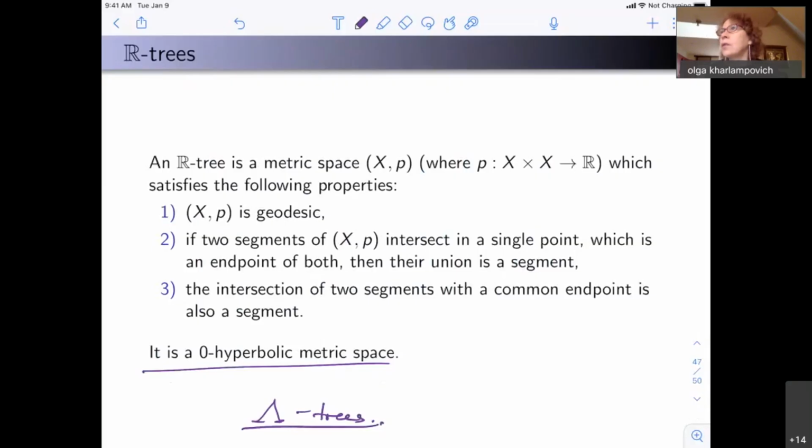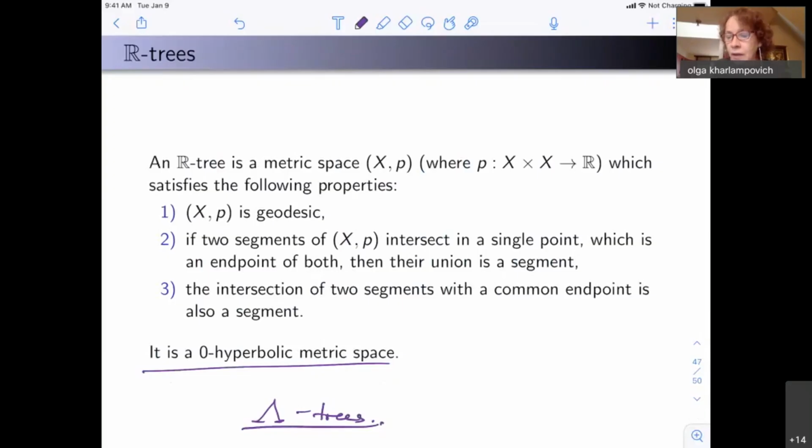This is how R-trees occur in group theory, in topology. They occur in Thurston's theory, but for me, they occur when we take solutions of equations in a free group. Then we have a sequence of actions of a certain group on trees, and the limit of the sequence gives us an action of the same group on an R-tree. Sometimes other lambda trees occur.